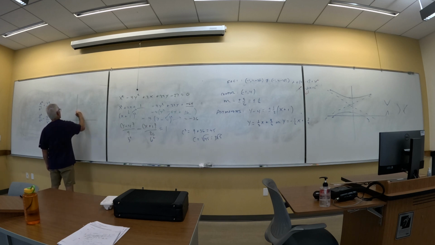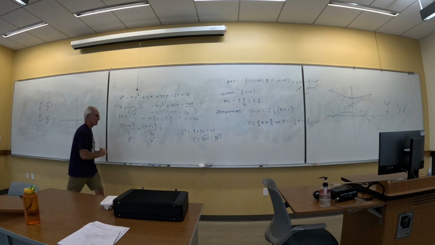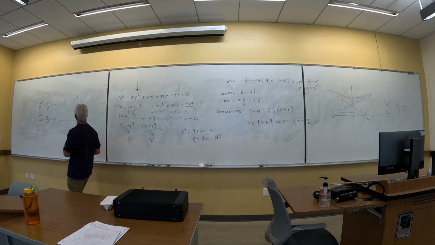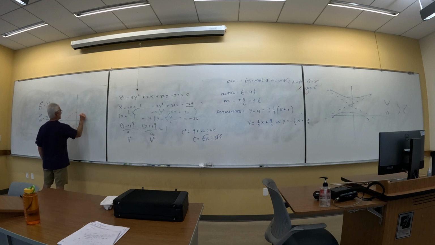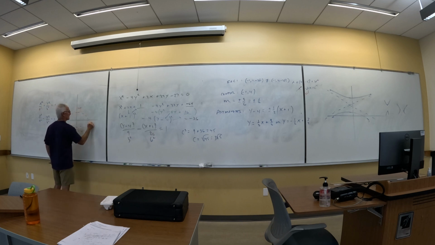So let's say that that's plus or minus B, that's plus or minus A. Okay. So here's my ellipse. Okay, so there's negative A, 0, A, 0, 0, negative B, 0, B.